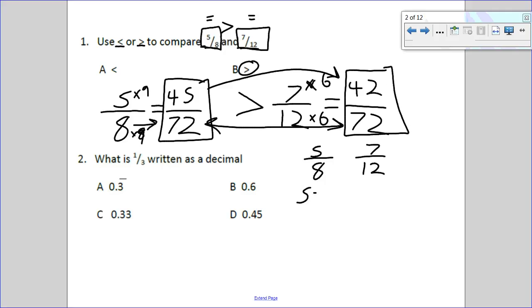We can just divide the top number by the bottom number in both cases and see what we get. So 5 divided by 8 is 0.625, and 7 divided by 12 is 0.583 repeating.